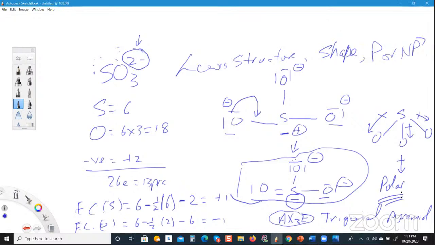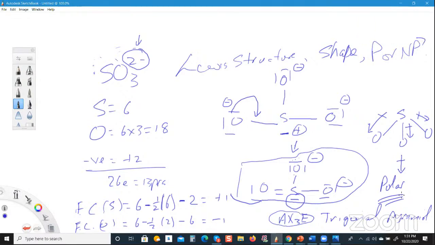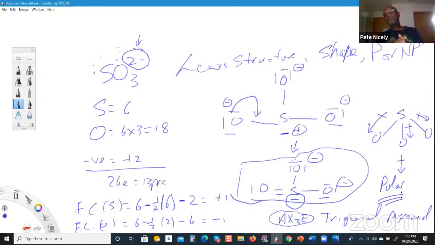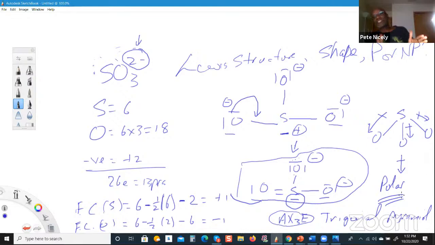Wait a minute. Wouldn't the sulfur atom have a negative charge, right? Yep, it's got that. But the polarity is based on the separation of charges between the oxygen and the sulfur in each case, and therefore the net.